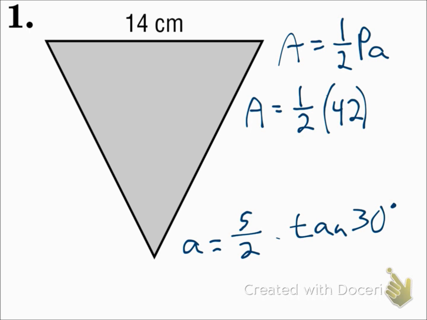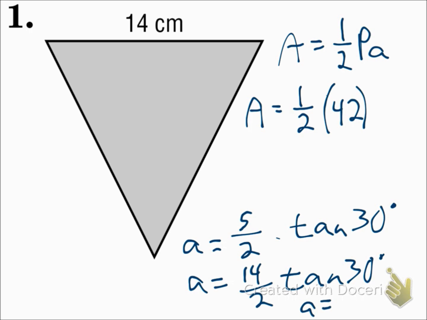I got that from my apothem chart. A side length is 14. So 14 over 2 times the tangent of 30, which is about 4.04. So for the apothem, I'll put 4.04.